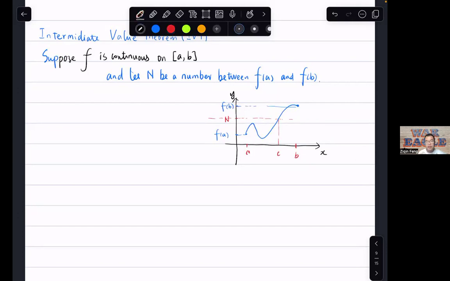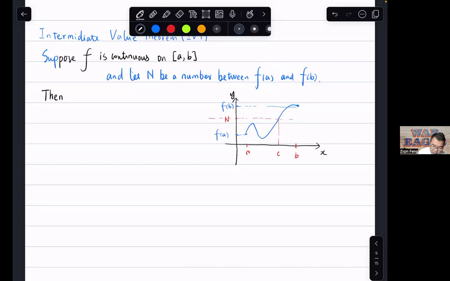It's quite easy to see from our picture, but the proof is very hard, so we'll skip the proof and just see the application of the intermediate value theorem.